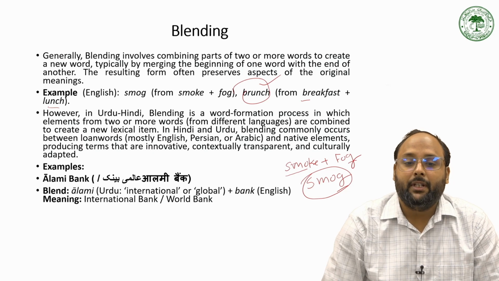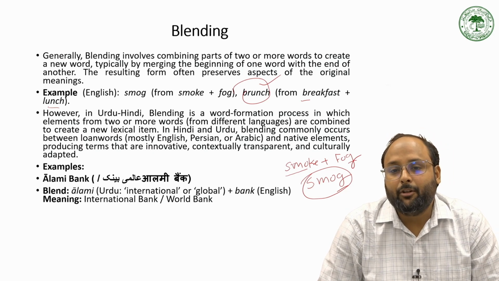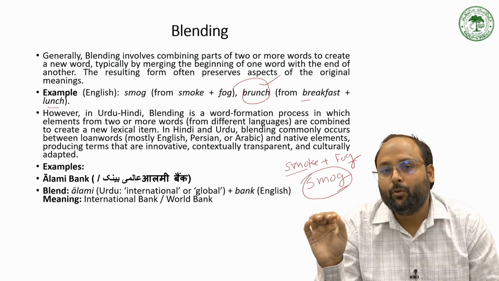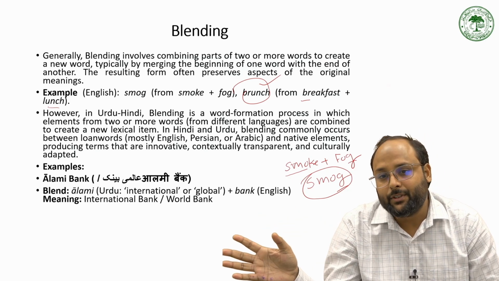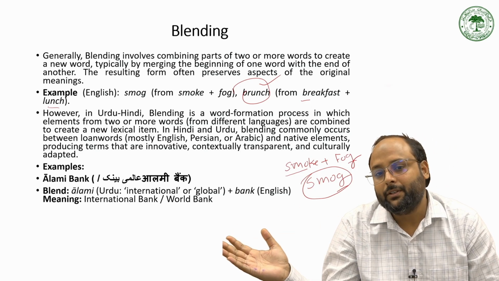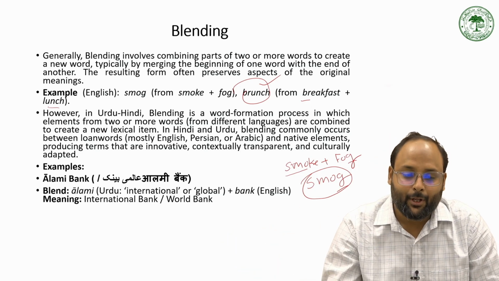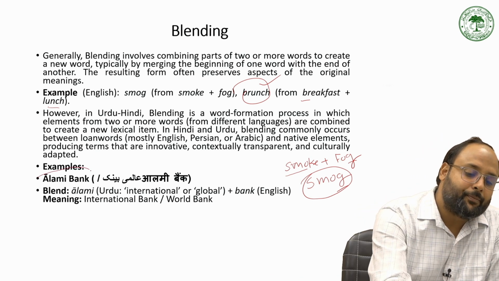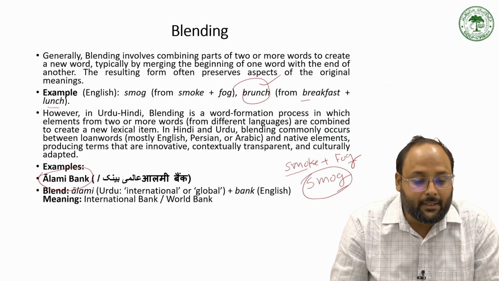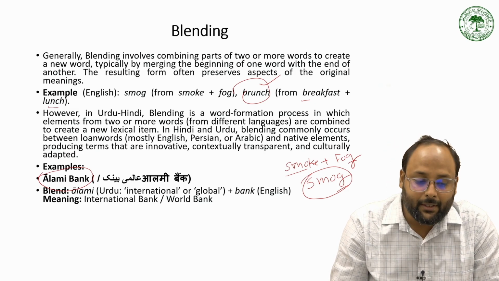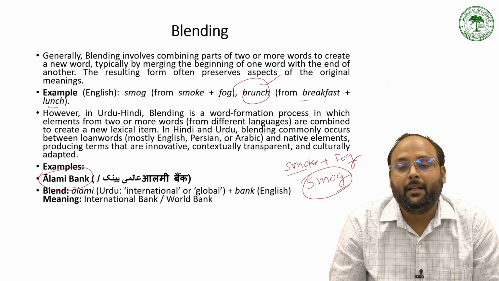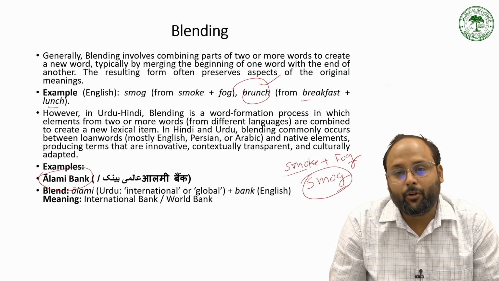But in Urdu Hindi, many scholars define blending as the word formation process in which we take two words from two different languages. So one word from the native language and one word from a foreign language. So we have the example of blending, Alami Bank. In this we take bank from the foreign language, English, and we take Alami as the word from our own language.